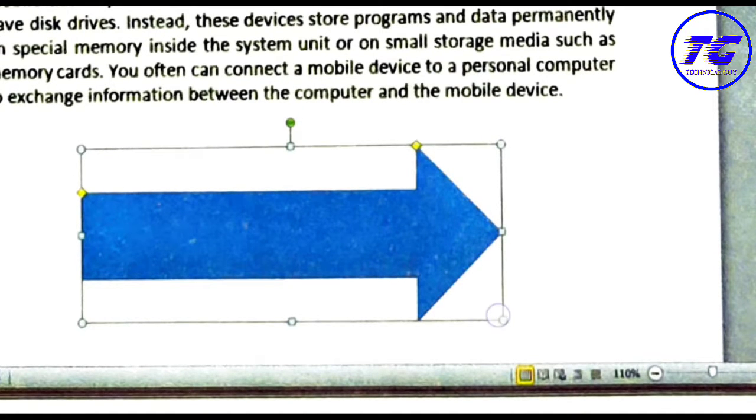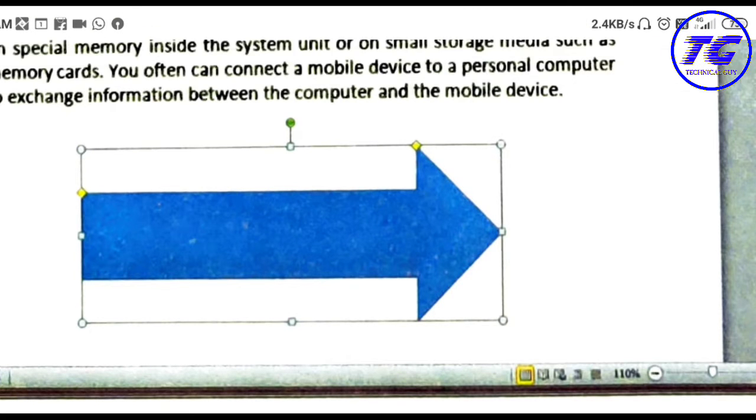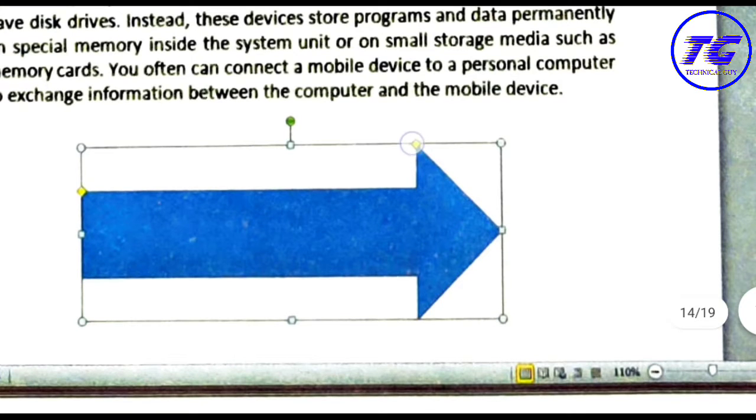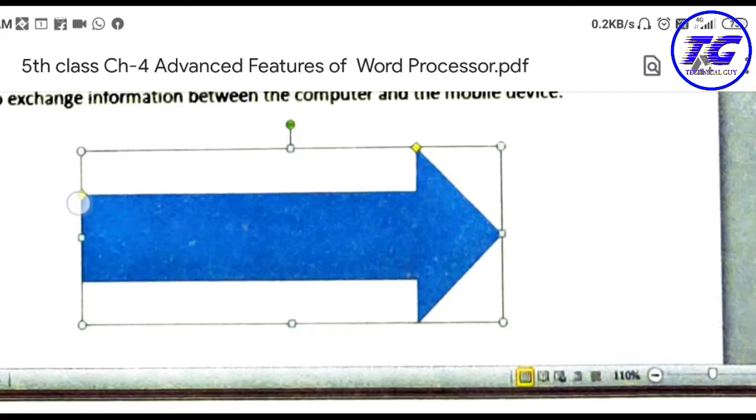From these circular handles on the sides, you can resize the shape. And from this yellow diamond handle, you can change the type of shape. Suppose if you want to increase the head of this arrow, you can use this handle. If you want to make it thicker or thinner, you can use this handle.